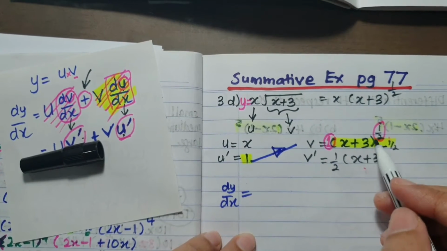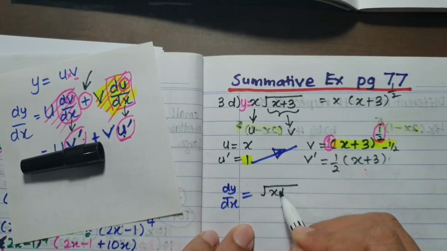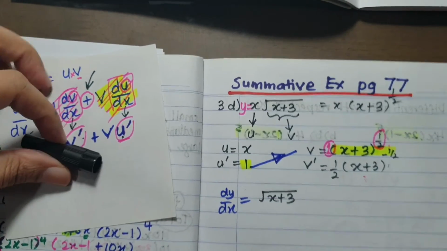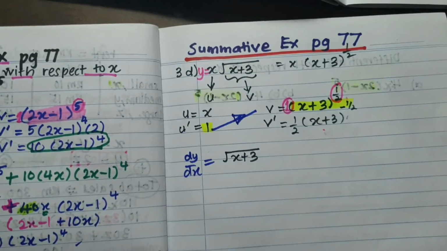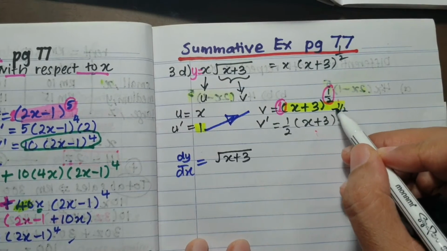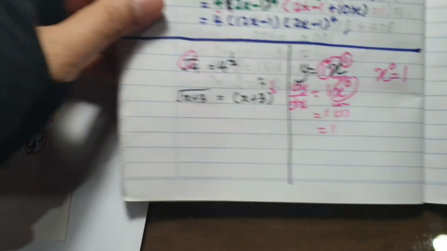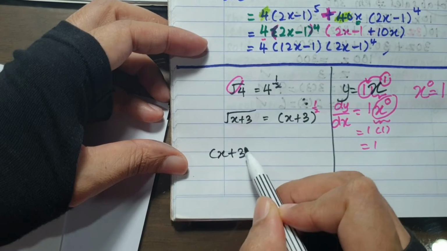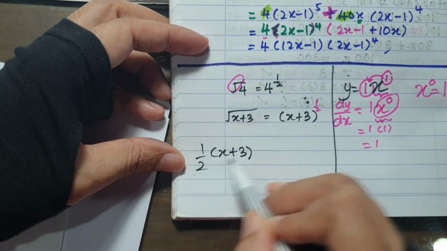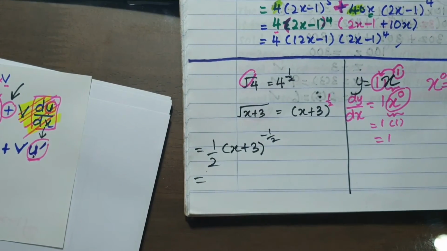Why don't we write this in the form of a square root? The square root of x plus 3 is x plus 3 power of 1 over 2. Before that, this one is in negative form. How do you write it in positive form? Bring down this bracket.